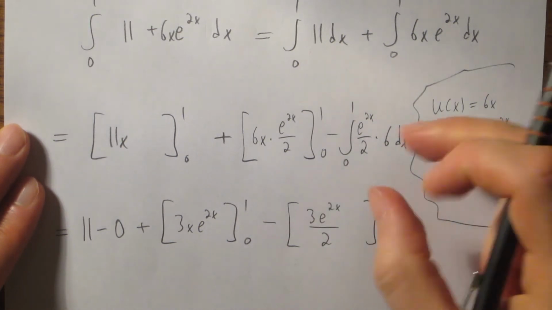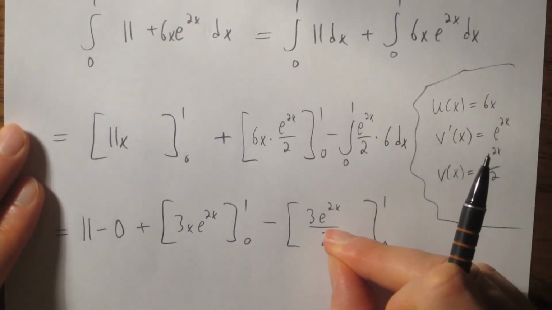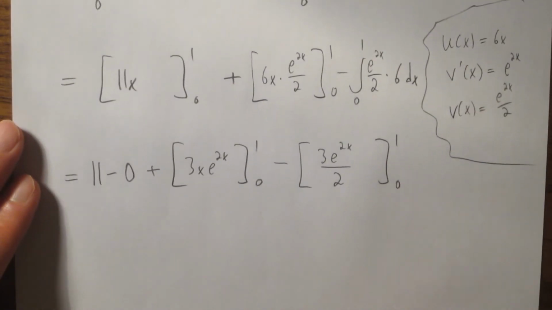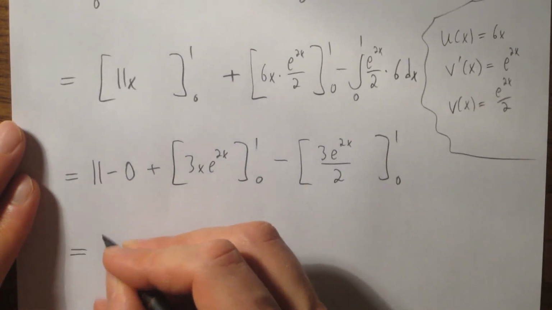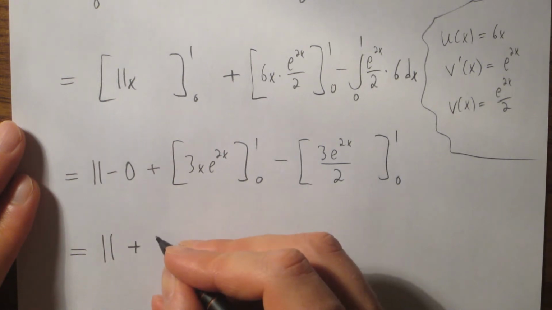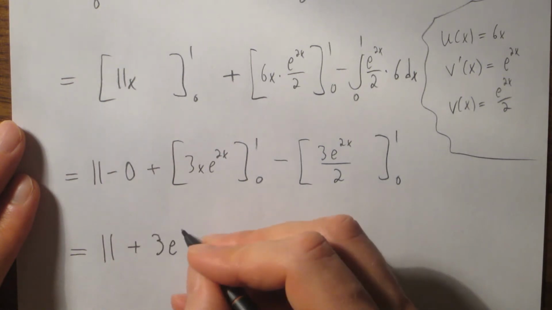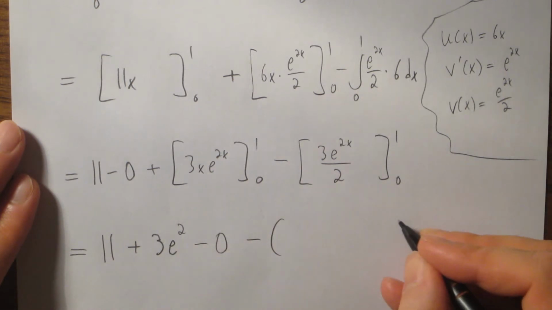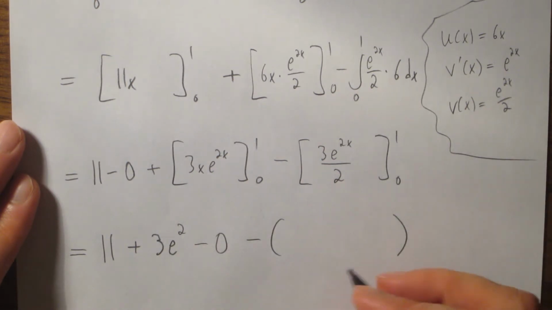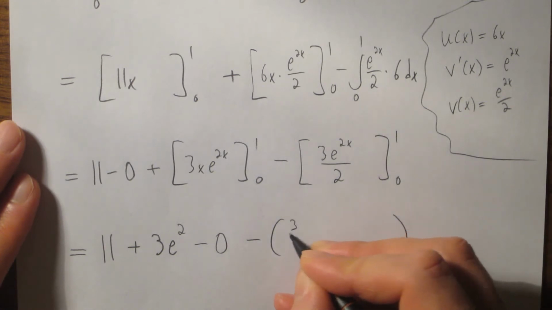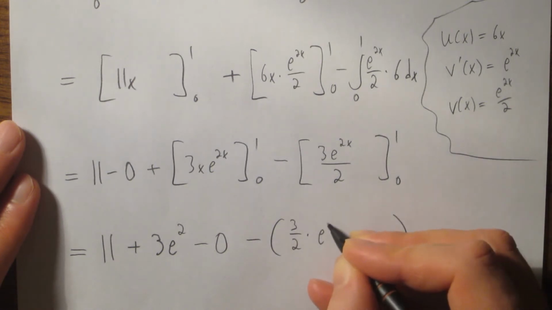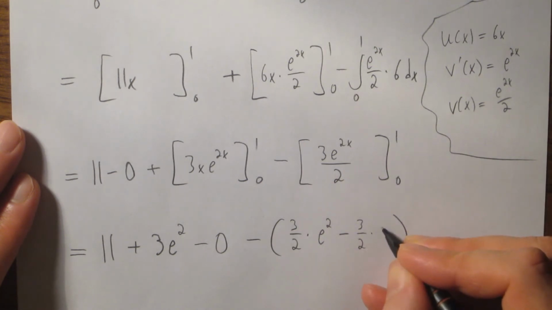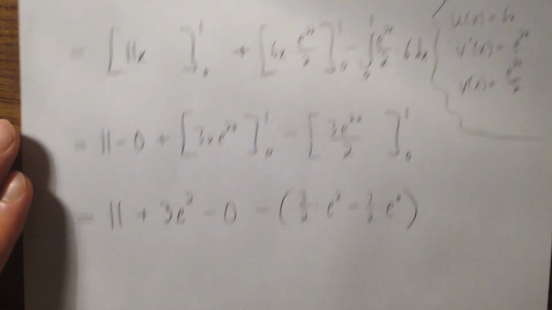Don't forget to always find an antiderivative to your integrand before you plug in the limits of integration. Anyway, 11 plus 3 times e to the power of 2 minus 0 minus all, note the brackets please, of 3 halves times e to the power of 2 minus 3 halves times e to the power of 0, which is 1.